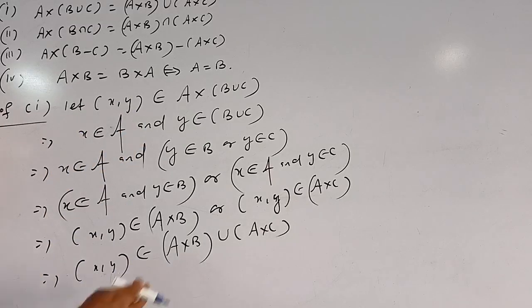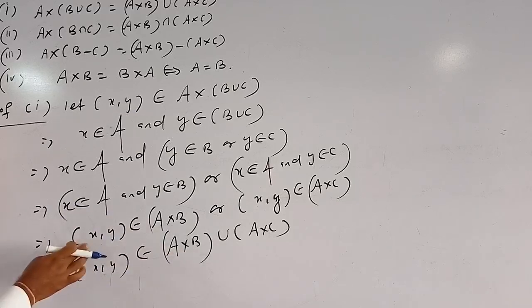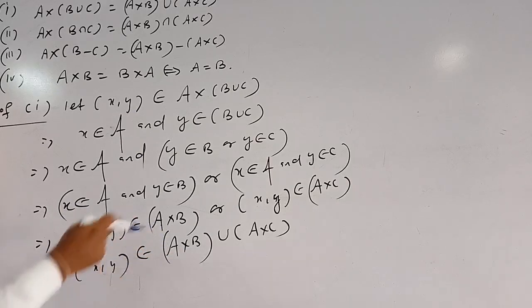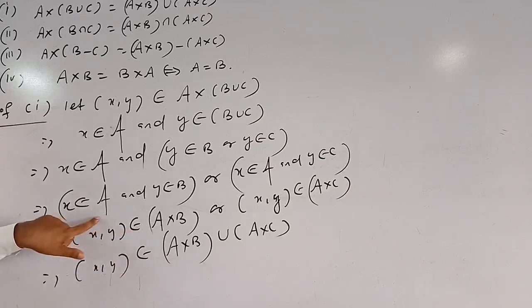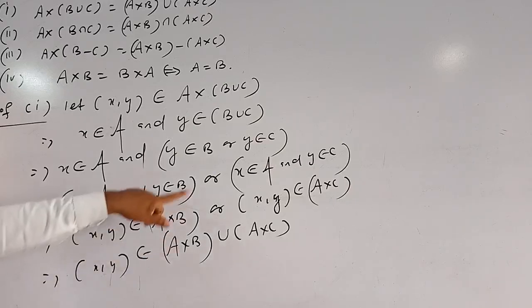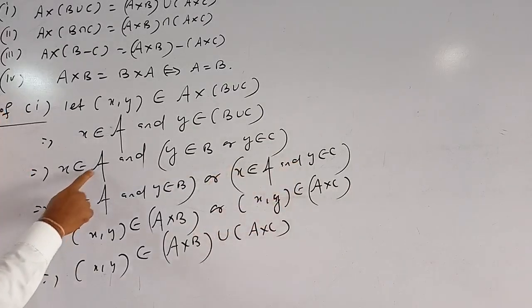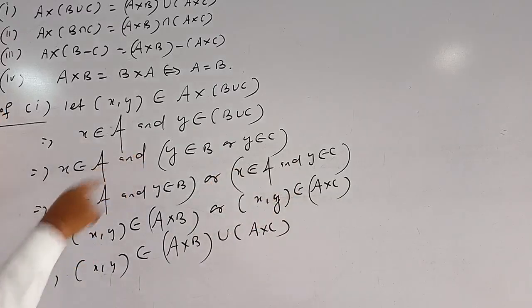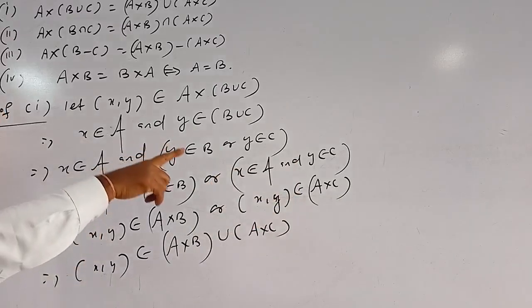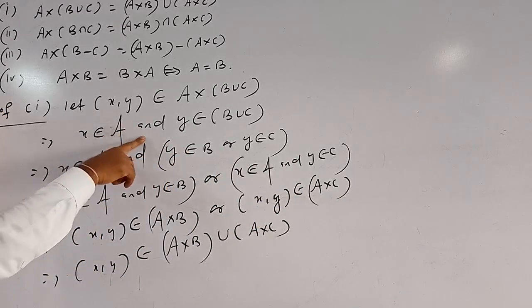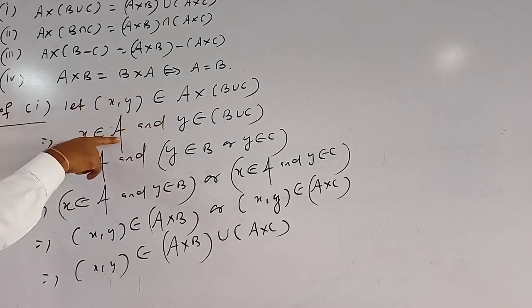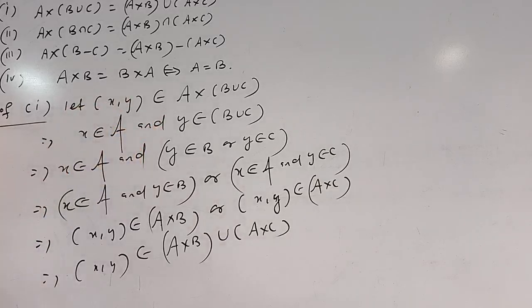Secondly, I am going to let any element, ordered pair (x, y), belong to (A cross B) union (A cross C). That means (x, y) belongs to A cross B or (x, y) belongs to A cross C. (x, y) belongs to A cross B means x belongs to A and y belongs to B, or x belongs to A and y belongs to C. That means x belongs to A and y belongs to B or y belongs to C. That means x belongs to A and y belongs to B union C. That means (x, y) belongs to A cross (B union C).